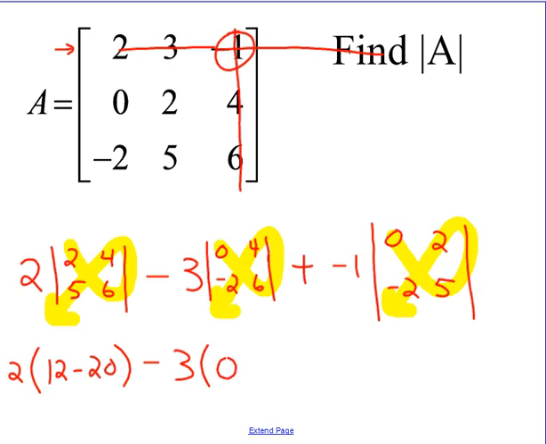So I like to be careful, and I like to be able to see where I made my mistake if I did. So 0 times 6 is 0, and then we're going to subtract 4 times negative 2. So we're subtracting negative 8, which is like adding 8. And then we have our plus and negative 1 is minus 1. And again, I'm going to take 0 minus negative 4. So that's the same as 0 plus 4.